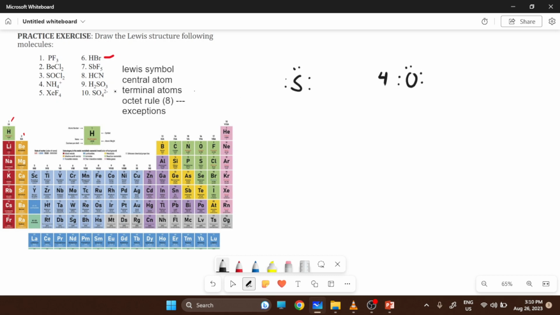Pero meron tayong negatively charged. The concept of this is, meron din kasi tayong concept ng resonance structure, but we will not go into that. But the common rule is that if you take a look at the periodic table, oxygen is more electronegative than sulfur. So, ang negative charge ay mapupunta dun sa may dalawang oxygen natin.